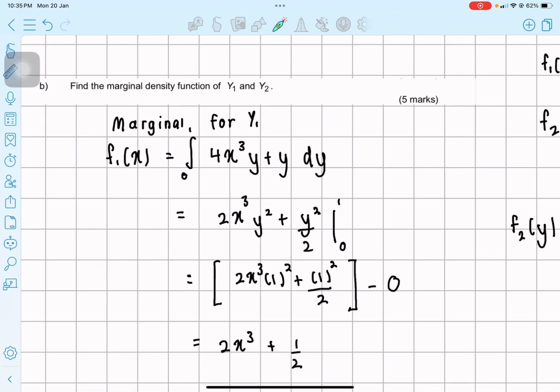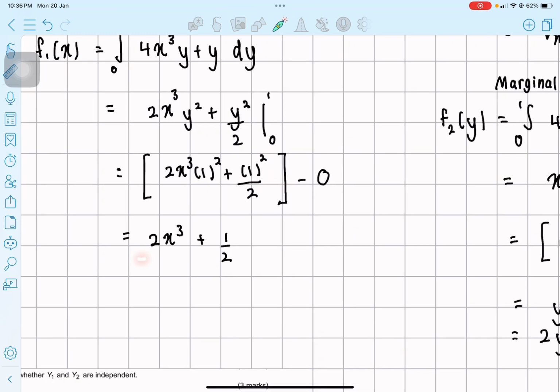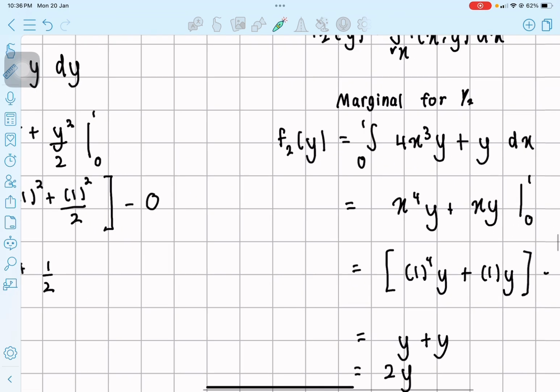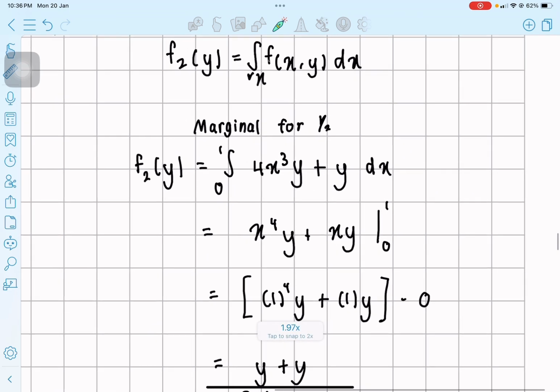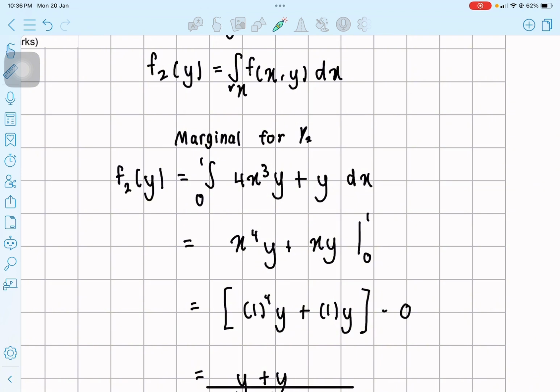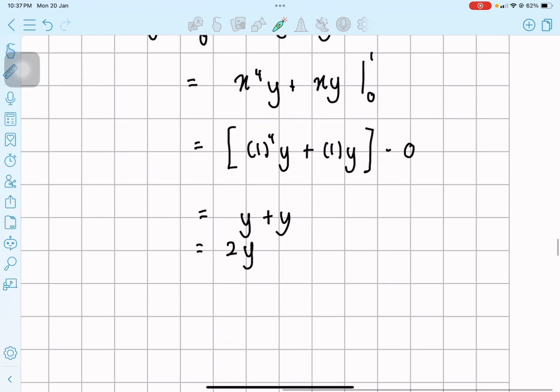I integrate the y variable. After that, we get this answer, which is 2x cubed plus 1/2. Okay, moving to the marginal for y2. Now we integrate with respect to x, which is our y1. After the calculation, I got y plus y, which equals 2y.